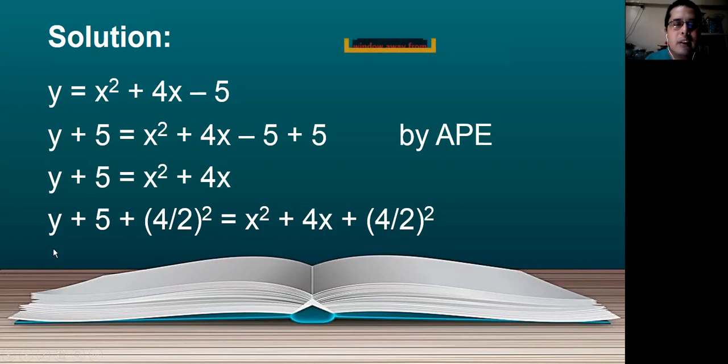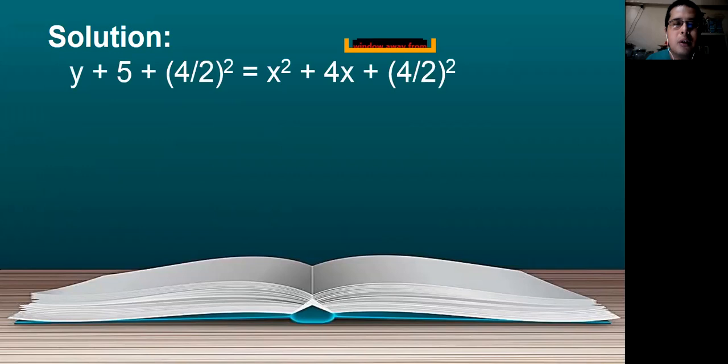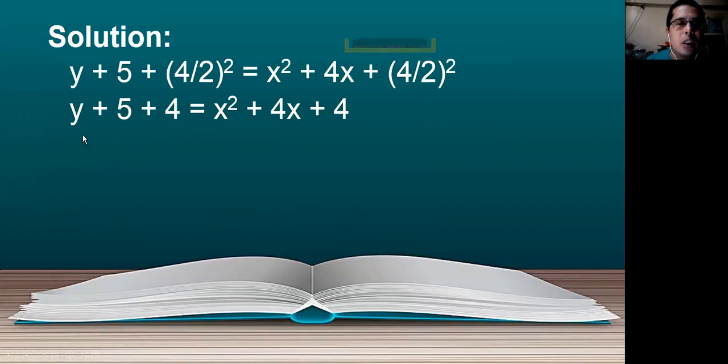So 4 over 2 is 2, then squared becomes 4. That also becomes 4 on the other side of your equation.